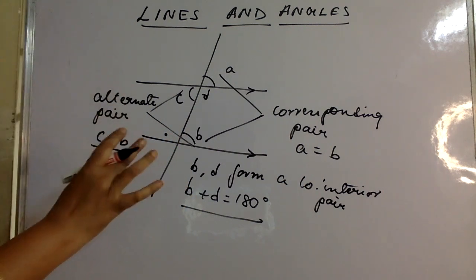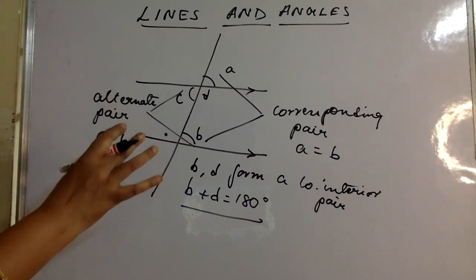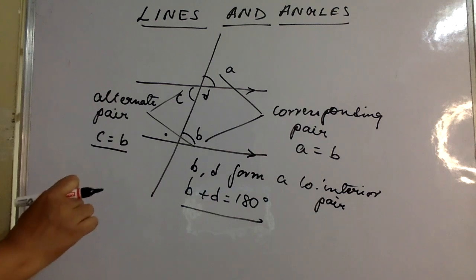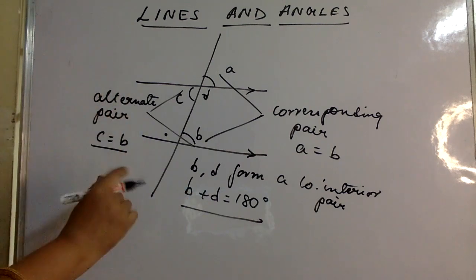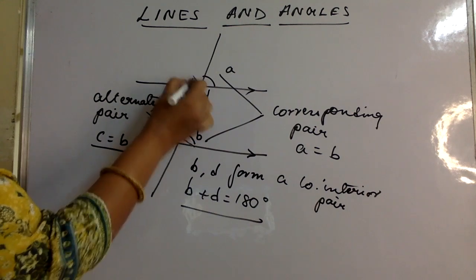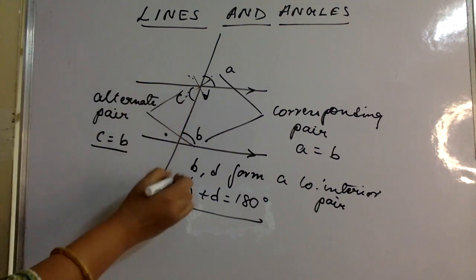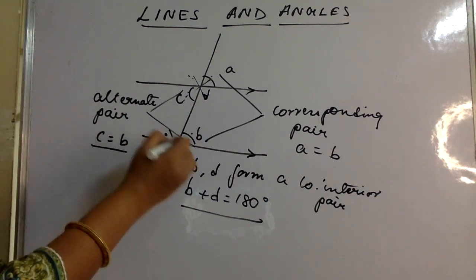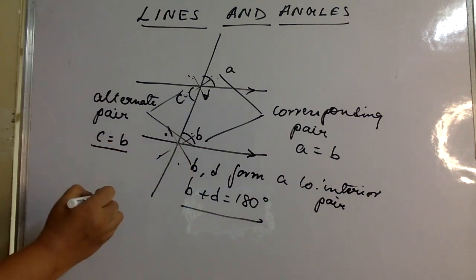Not just these 3 angles. There are a few more things from your previous classes that you will have to remember in order to solve these sums in lines and angles. The third one we have finished. The fourth one is vertically opposite pairs. If you see here, this is one set. Here is another. So 2 sets of vertically opposite angles here, 2 sets of vertically opposite angles here.